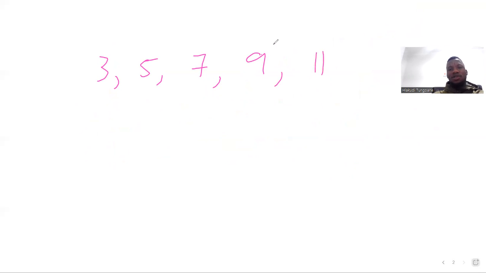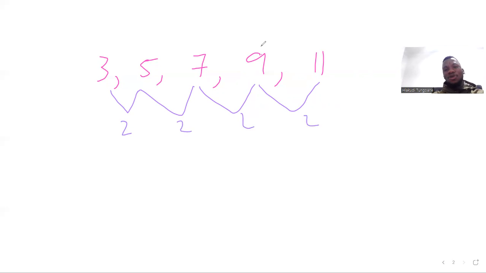By just looking at the sequence, I'm sure you can guess that it's definitely an arithmetic sequence, because the difference is 2, 2, 2, 2. So you can tell that this is definitely an arithmetic sequence.